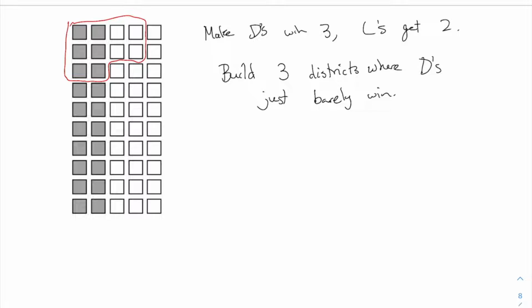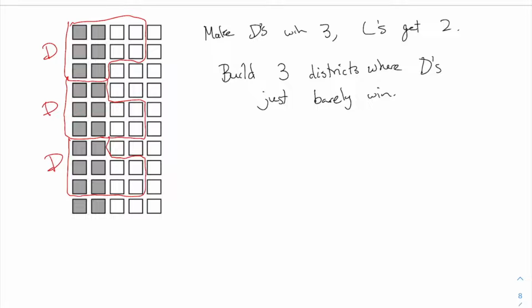And then I'm going to do the same thing again. Another 6 here, and then you can just more or less at random pick up 4 additional white ones. Maybe I'll take those ones. And then I do it again. I think it's going to work, right? I'll take 6 plus 4 extra, like that. And here I have a D, and a D. So the D's are going to win those 3.